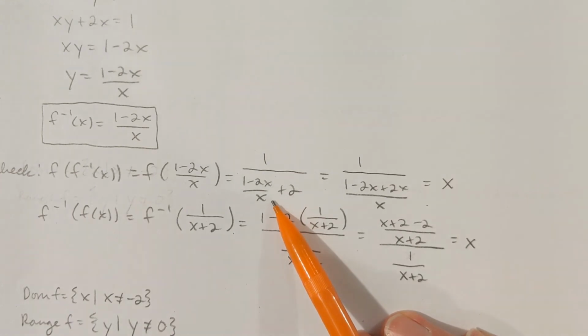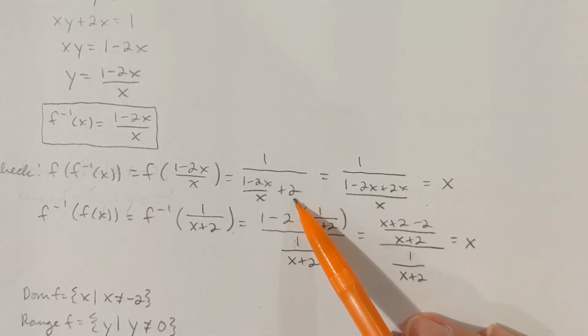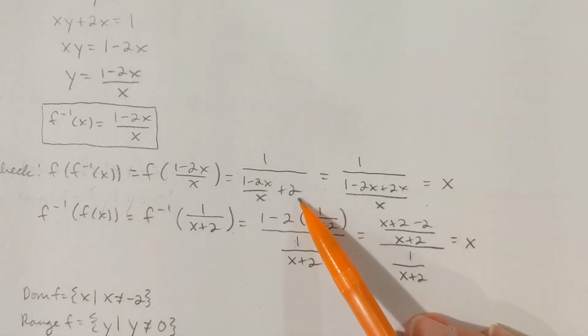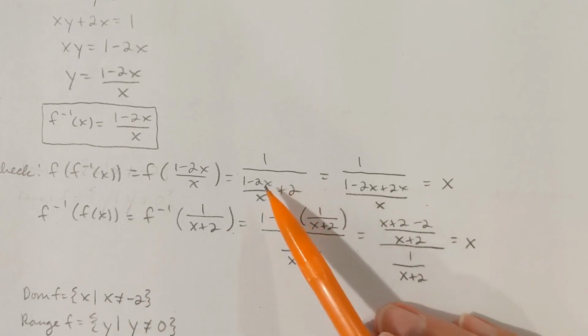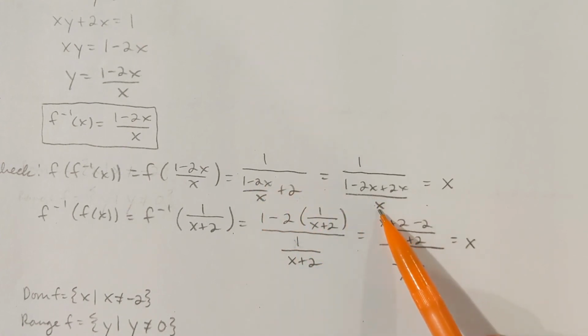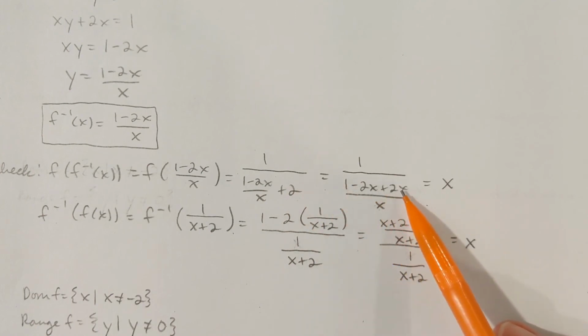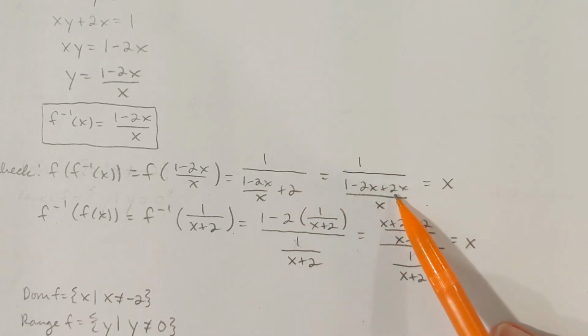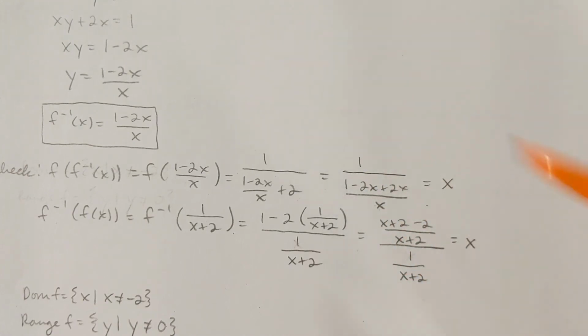That's the next question. 2 is the same as 2 over 1, so you'd want to multiply the top and bottom by x. That way you get your common denominator of x, so you can add these fractions here. You've got your common denominator, add the numerators. 1 minus 2x plus 2x, negative 2x plus 2x is 0. And then 1 divided by 1 over x, you'd flip the denominator, and that would give you just x.